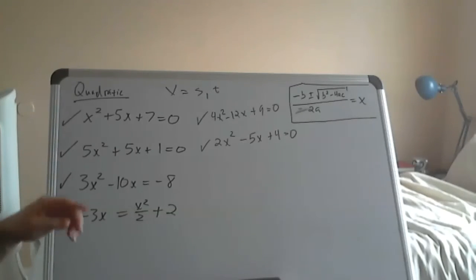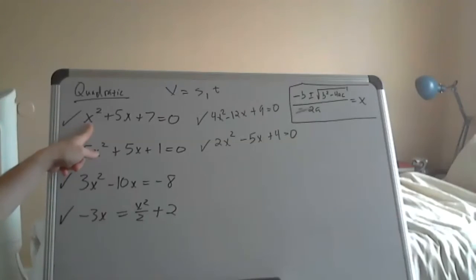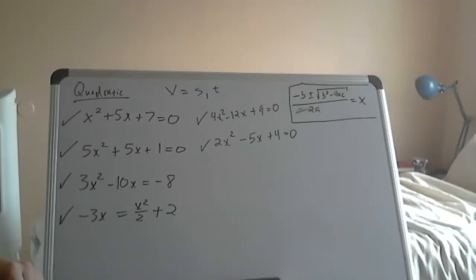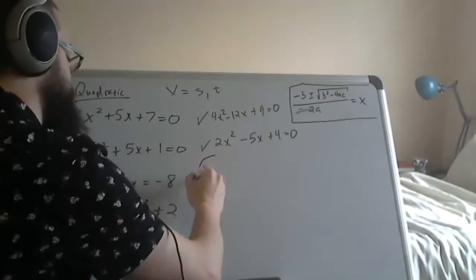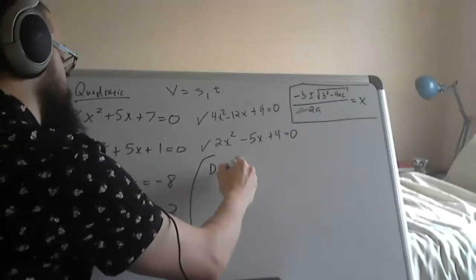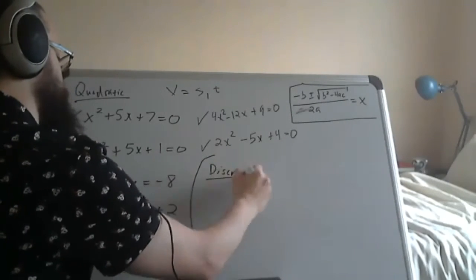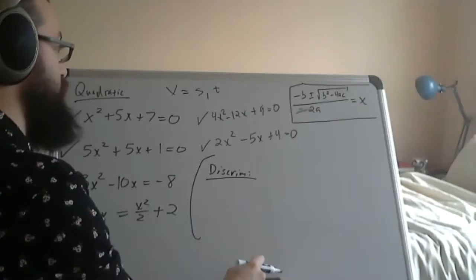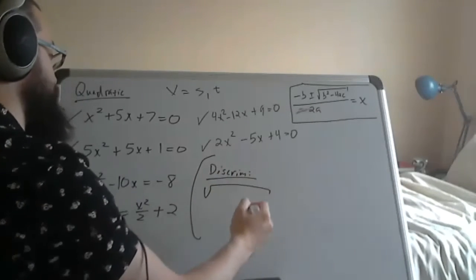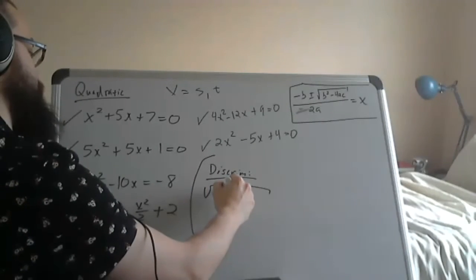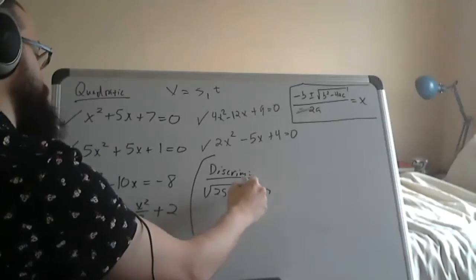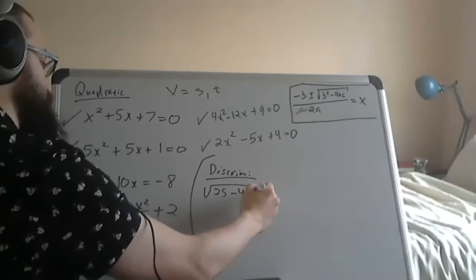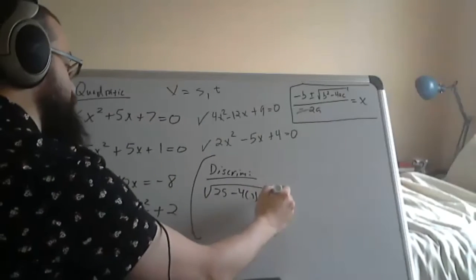Notice that for this one, I'll just talk about the discriminant for just a second. We have our b squared, which is 25, minus 4 times 1 times 7.